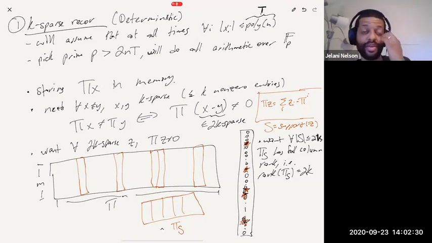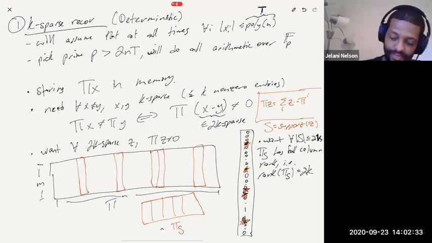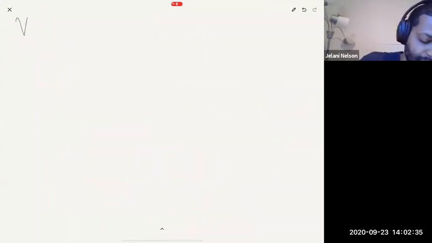So let me show you that there is a matrix that satisfies this. It's something called basically a Vandermonde matrix, or the transpose of a Vandermonde matrix.